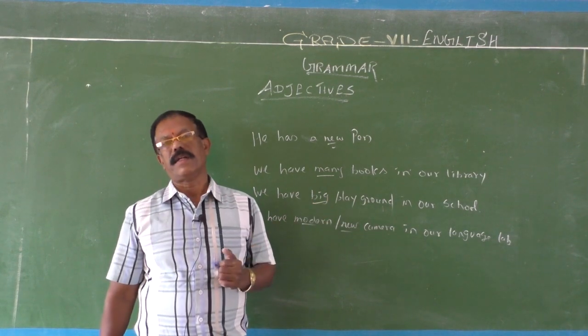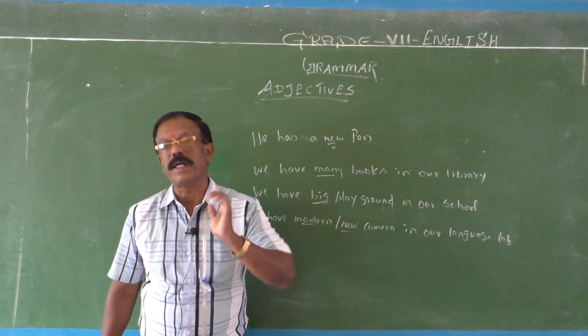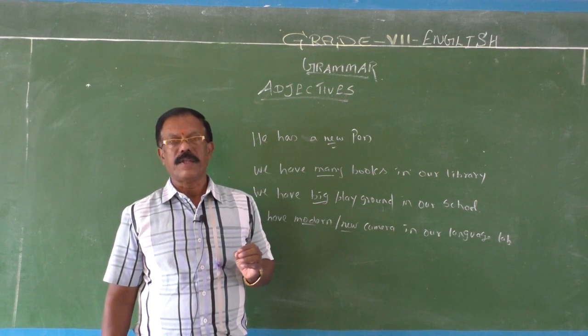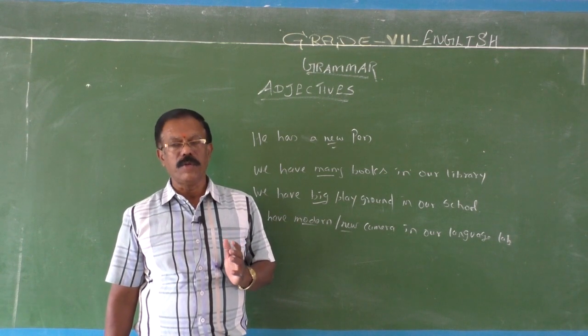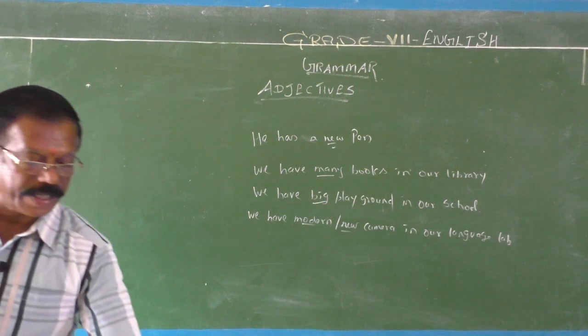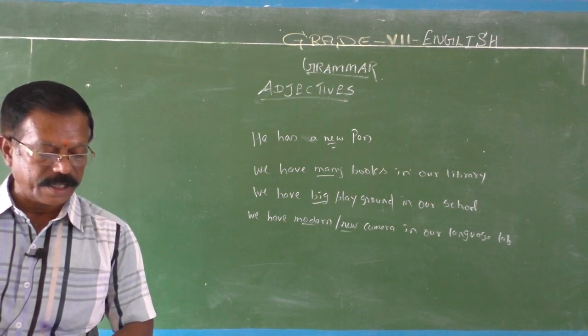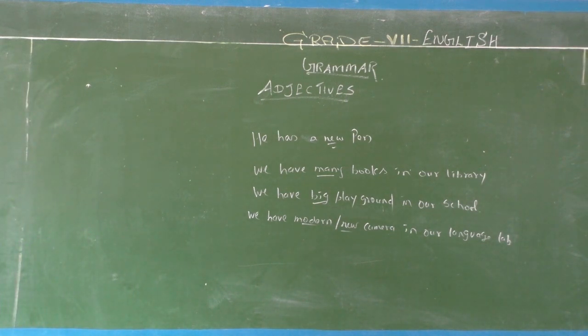Such adjectives are called attributive adjectives because they are used attributively. Adjectives can also be used predicatively. When it is used predicatively, it comes at the end of a sentence and is placed after the noun.